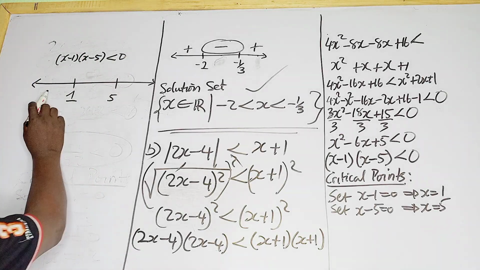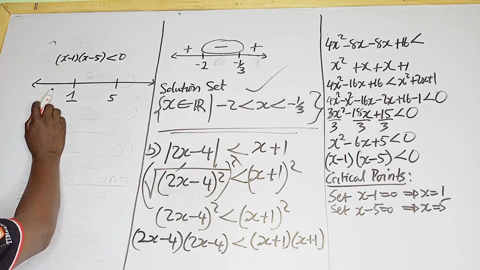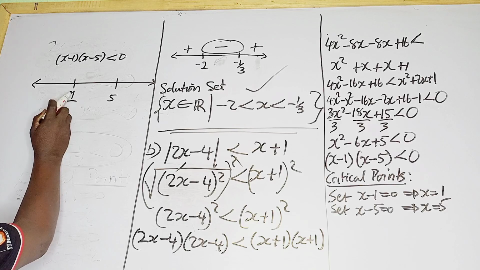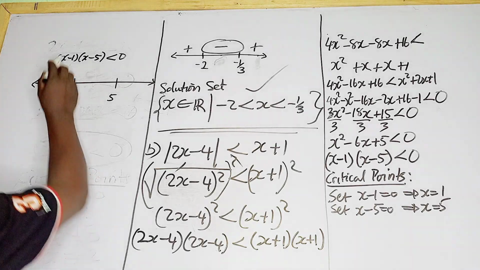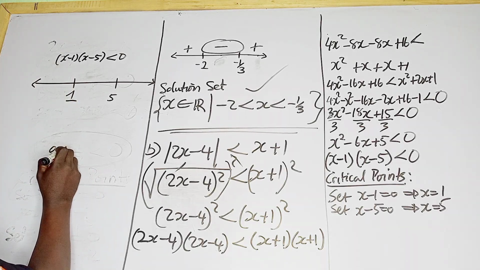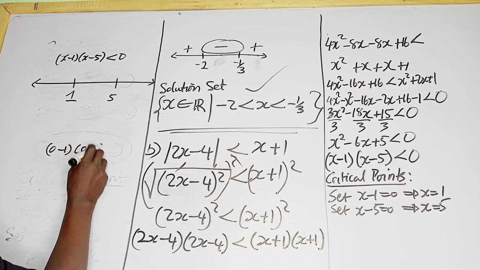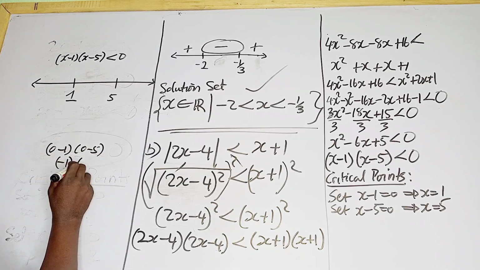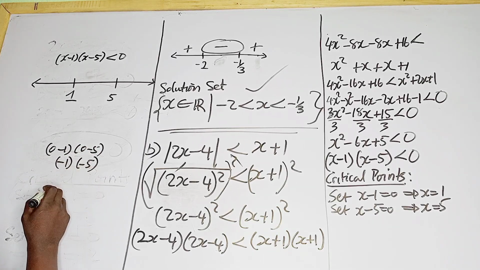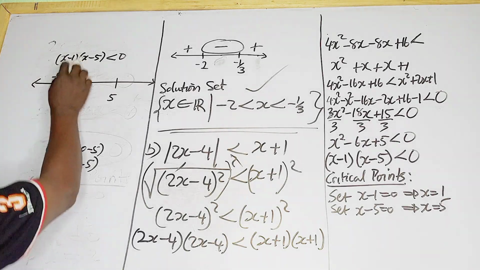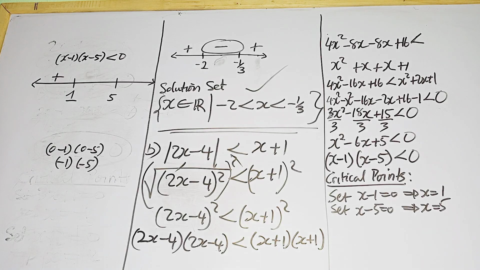Take a value from this zone. A good example could be 0. 0 is to the left of positive 1. We'll have 0 minus 1 times 0 minus 5. This gives us minus 1 times minus 5. Minus times minus is positive. So the value in this zone renders the left-hand expression positive.